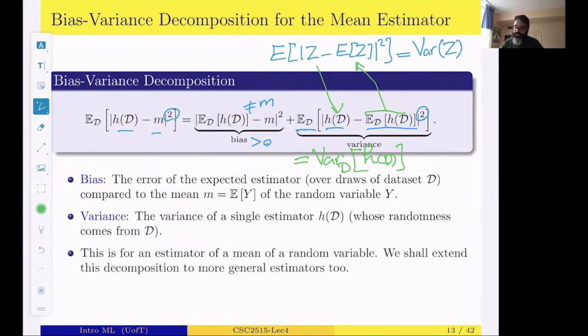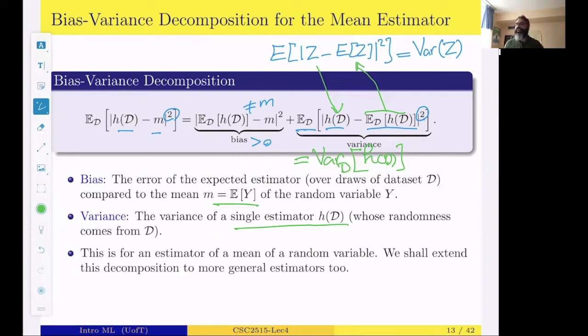So the bias is the error of the expected estimator over different draws of the data set compared to the mean m of the random variable. Variance is the variance of a single estimator, h_D, whose randomness comes from the data set D. For one single estimator, how different it is from the same estimator with different random draws of the data set determines the variance of this single estimator.